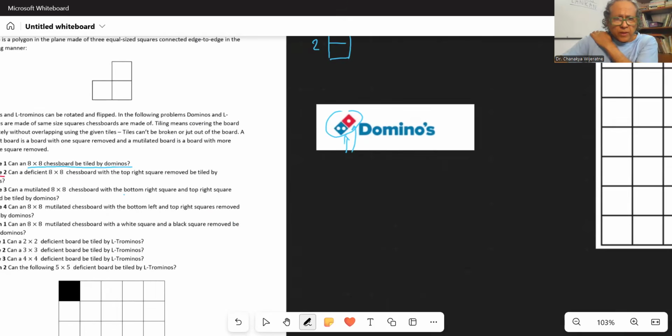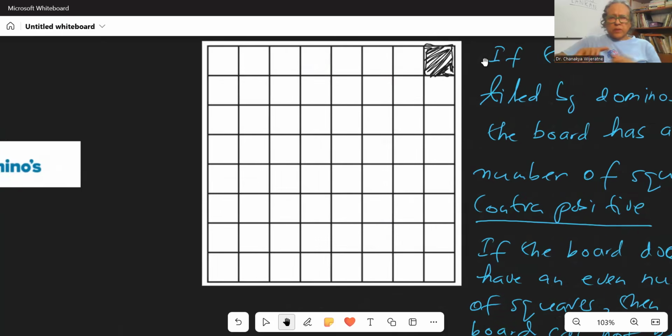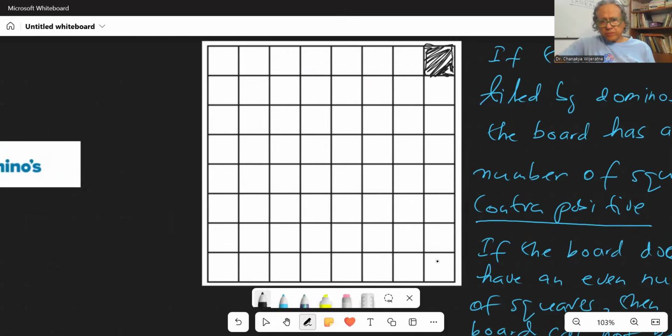Bottom right and top right squares are removed, right? Here's the top right, and the bottom right is also removed. So this is also removed, right?